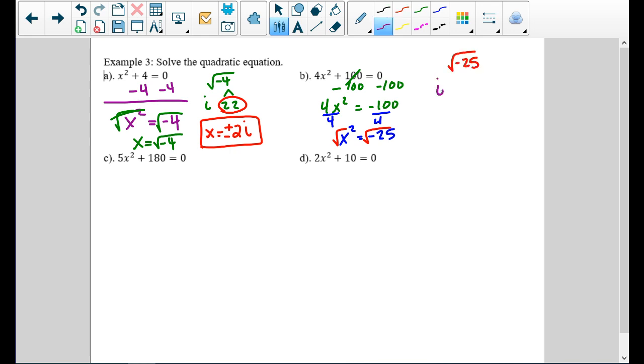Pull out my i. What's 25 break into? 5 times 5. There's my pair. Again, know those doubles. If you know the doubles, 1 squared, 2 squared, all the way up to 15 squared, these square roots will come a little bit easier. But 5 and 5, plus and minus 5i is what my x is going to equal then.